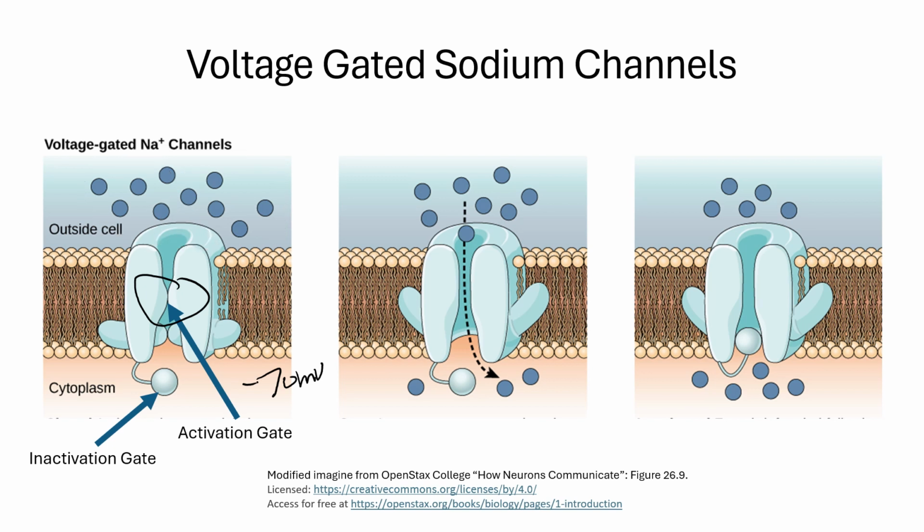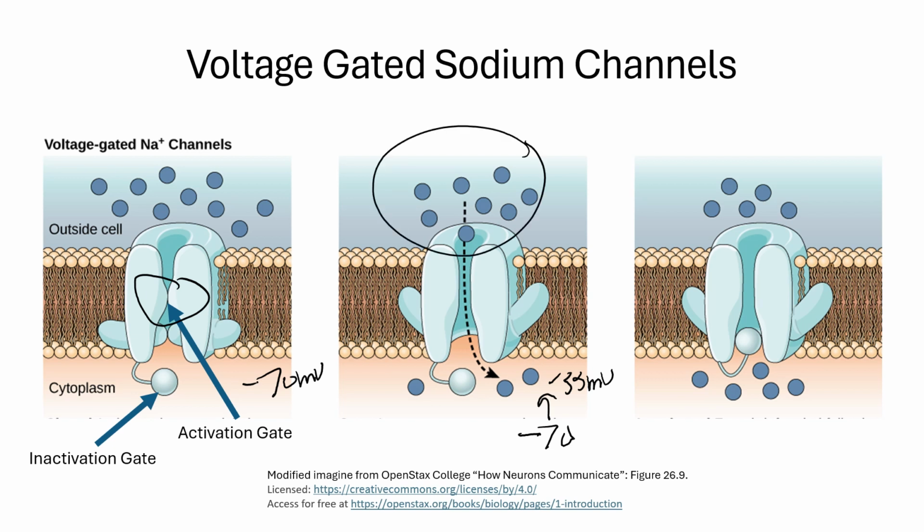But if we can depolarize the hillock region on the interior from -70 millivolts up to -55 millivolts, then threshold is hit, and that change in the voltage causes the voltage-gated sodium channels, specifically the activation gates, to open up. And once the activation gates are open, the passageway through the channel is open.